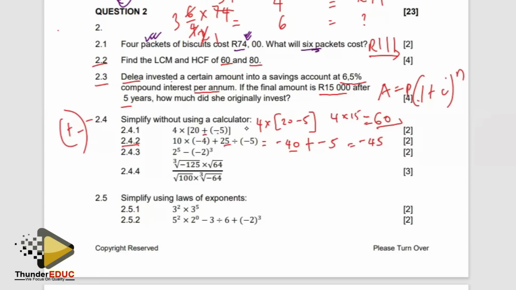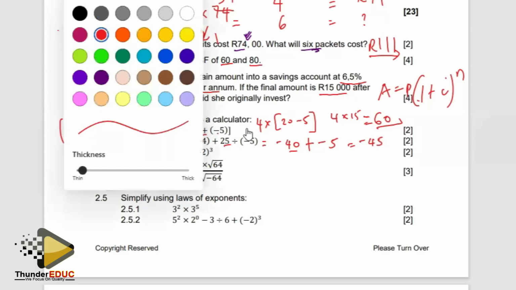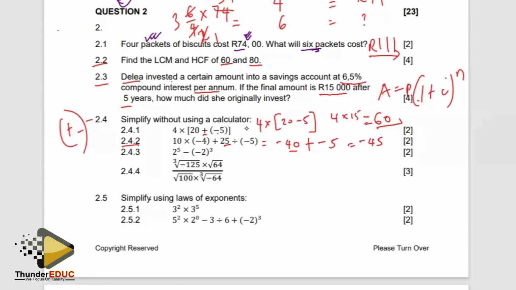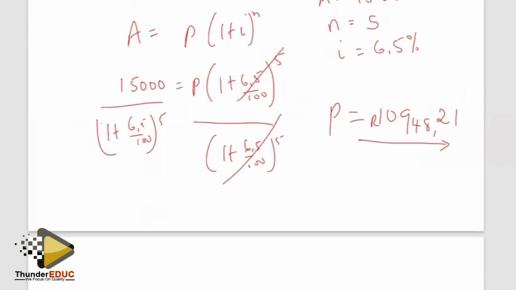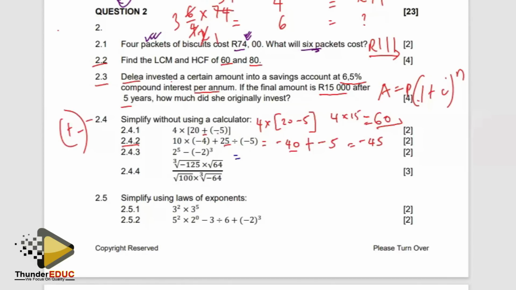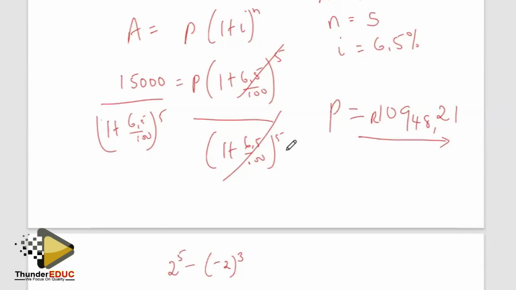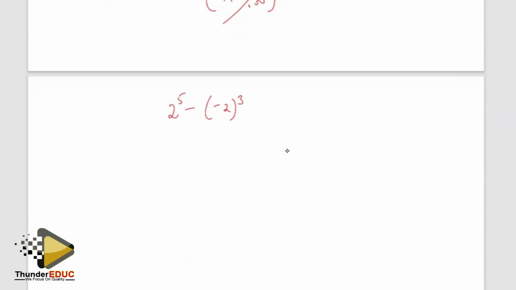Then 2.4.3. We just need to expand this. We have 2 to the 5 minus negative 2 cubed. So from our laws of exponents, we know that 2 to the 5 will give us 32, because that is 2 times 2 times 2 times 2 times 2, which is 32.